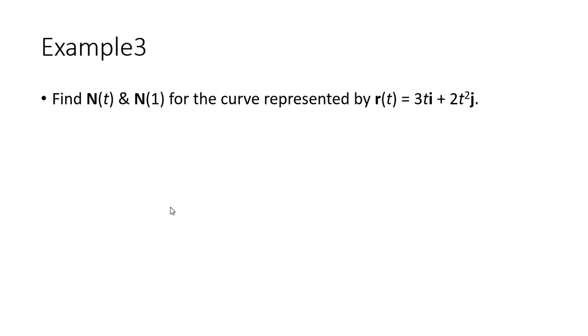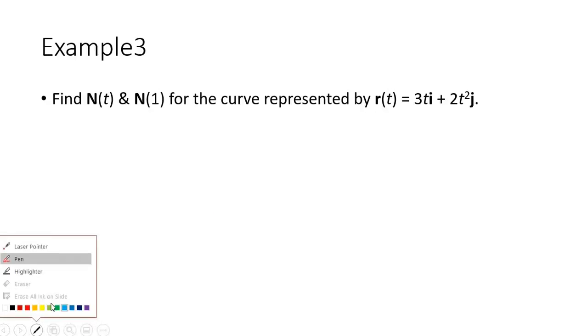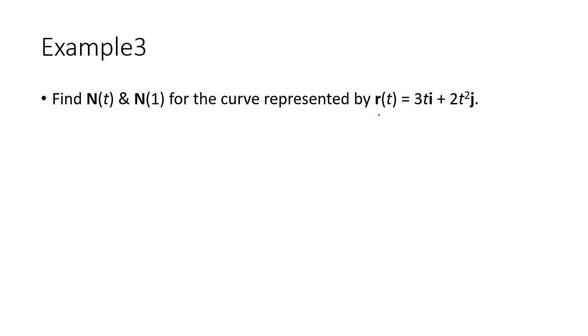So from here, r prime t: d/dt of 3ti gives 3i, d/dt of 2t squared gives 4tj. Okay, the magnitude of r prime t: 3 squared is 9 plus 16t squared.